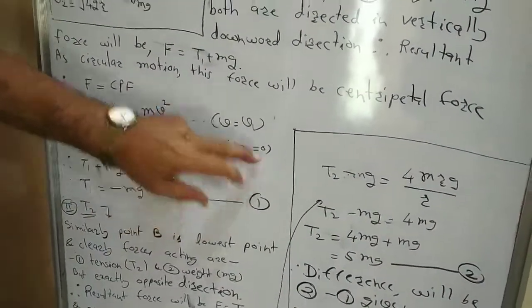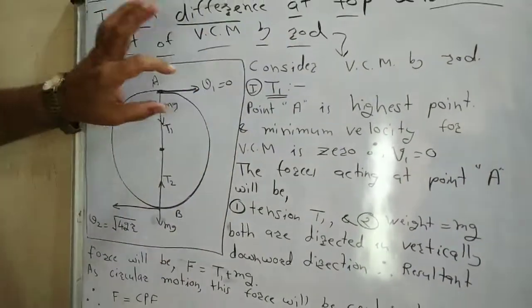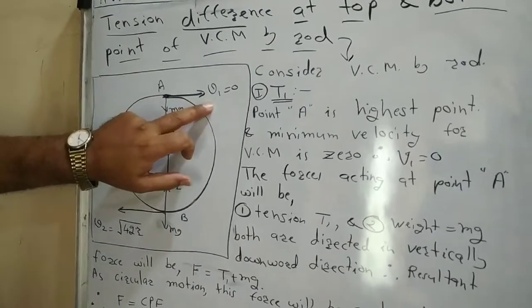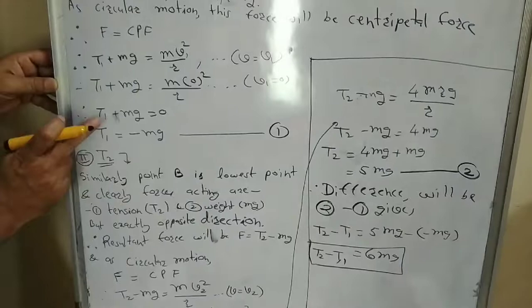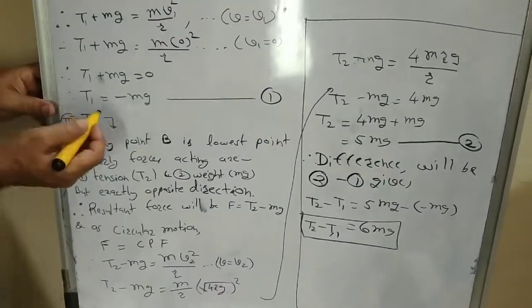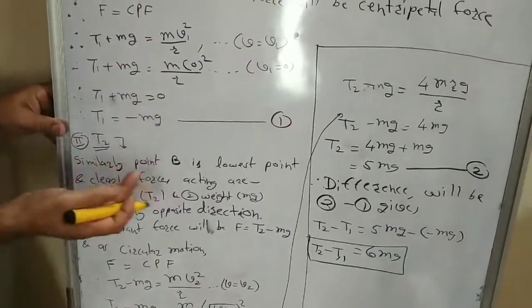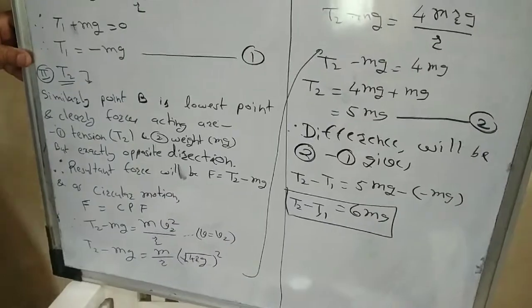V1 is 0. At the topmost point, in case of VCM by rod, even though velocity is 0, VCM is possible. So we get T1 plus mg is equal to 0, so T1 is equal to minus mg. Equation 1. Simple mathematics.